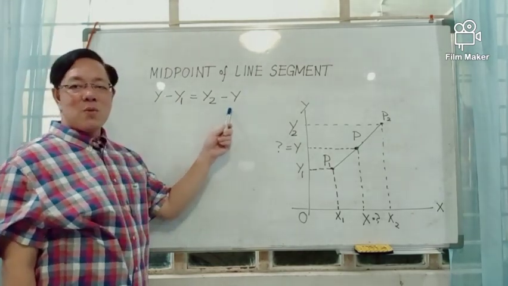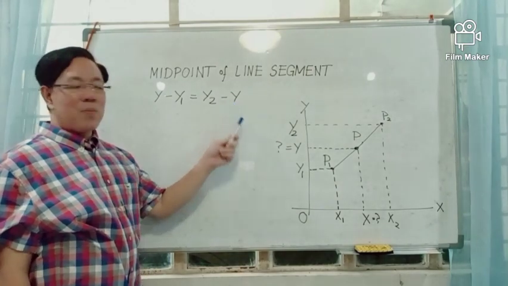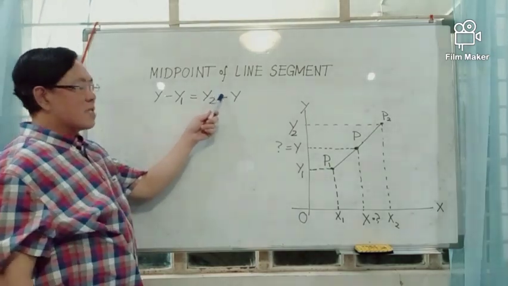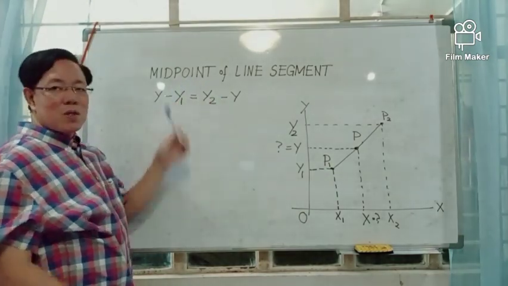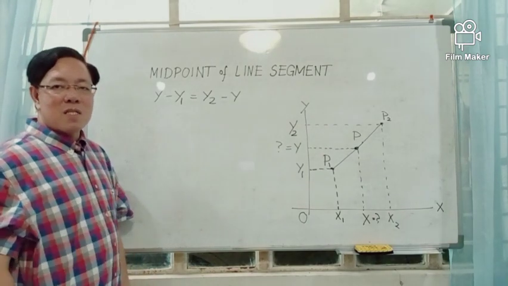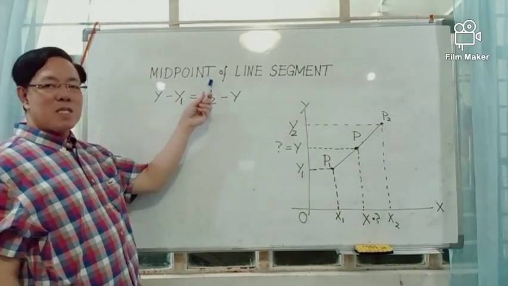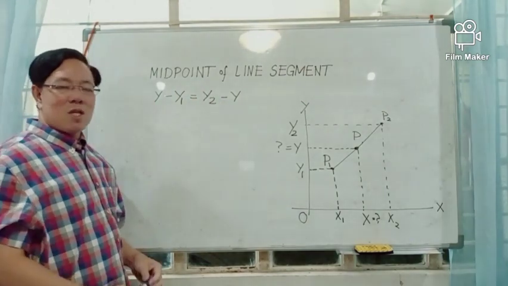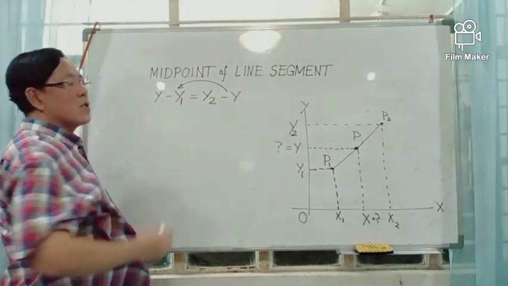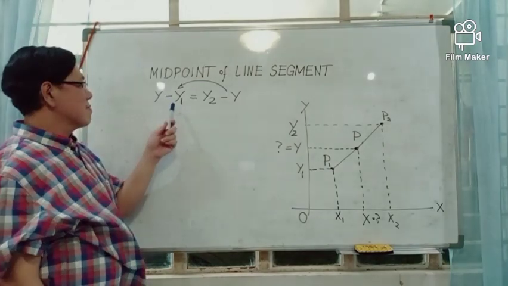From this equation, we solve for y, the value of the ordinate of the midpoint P. This negative y we transpose to the left side because all the terms containing the unknown variable y must be at one side of the equation. We transpose negative y to the left side and it becomes positive y.